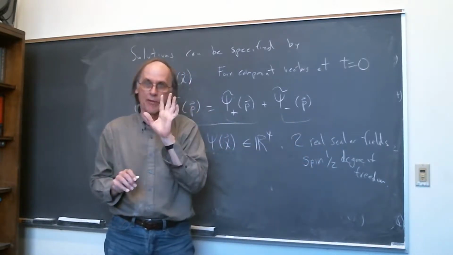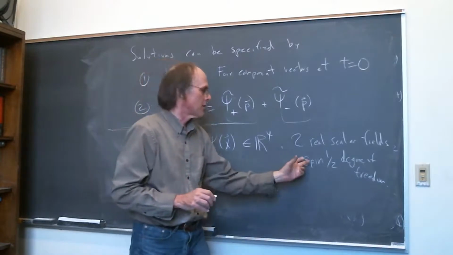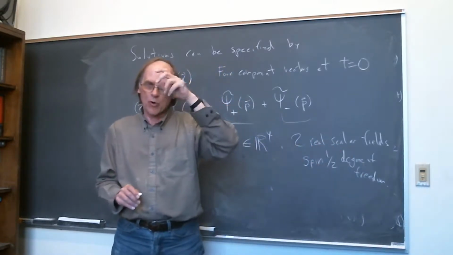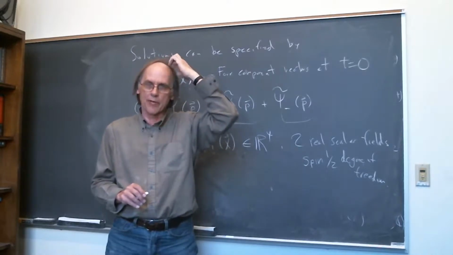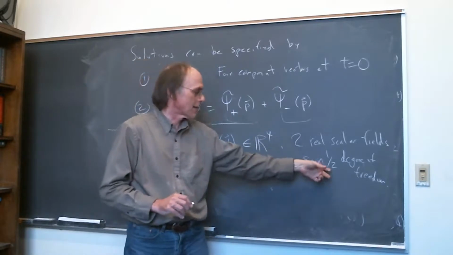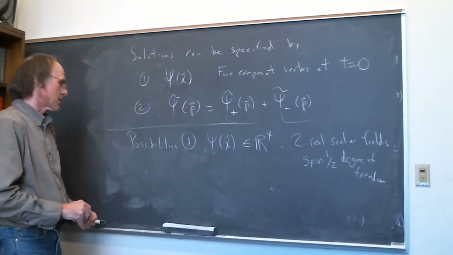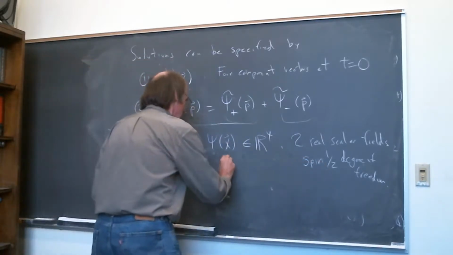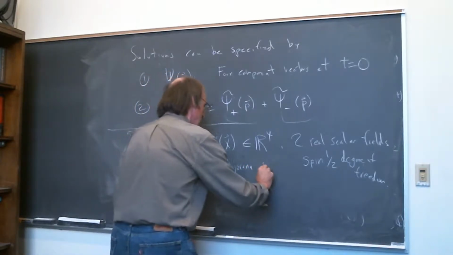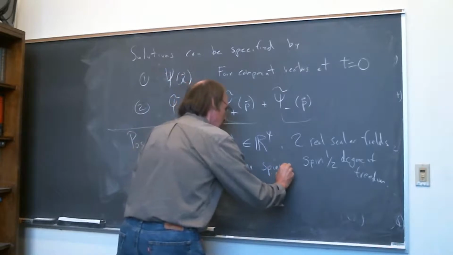That phase space would also be 4 real dimensional, and these 2 degrees of freedom get organized into a spin 1/2 degree of freedom, so that if you ask how rotations act on this, it acts in spin 1/2. I'll talk about this next time. It's called a Majorana spinor field.